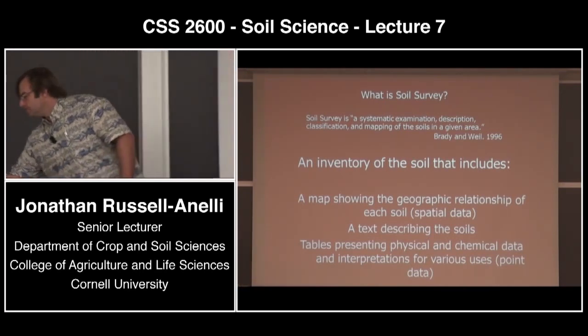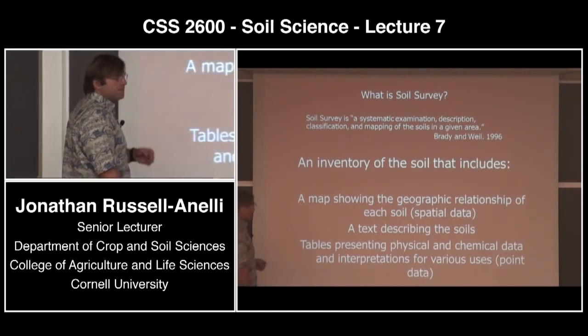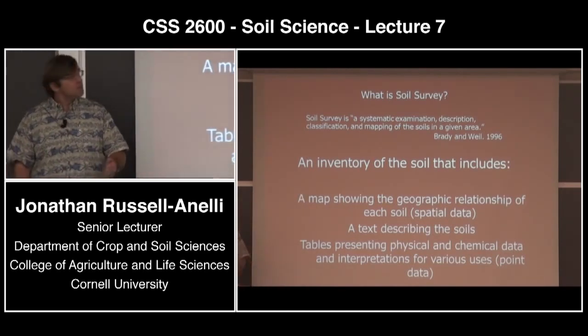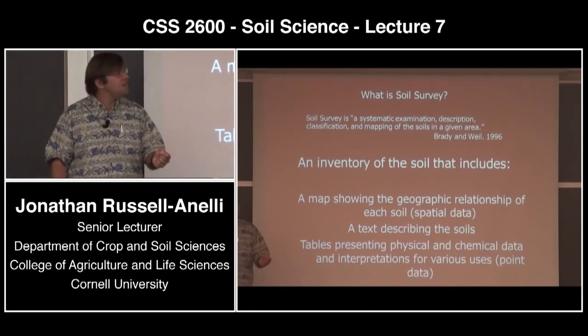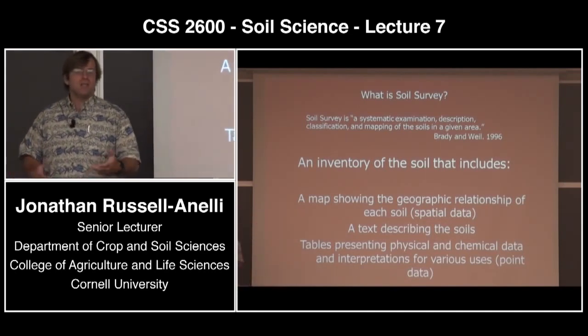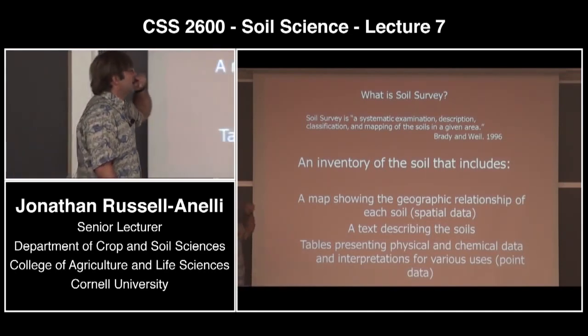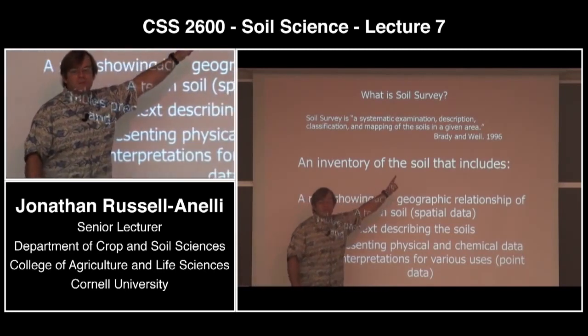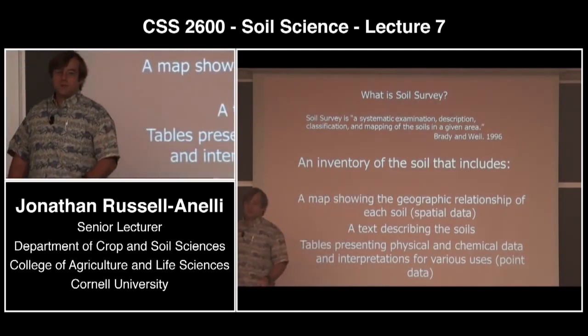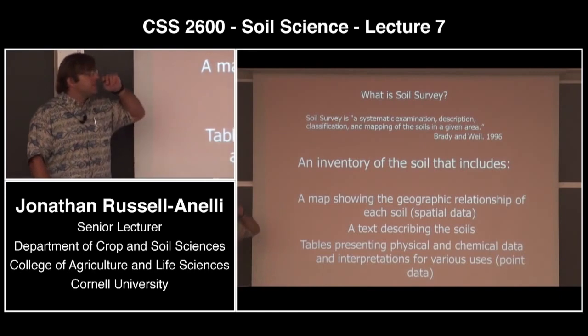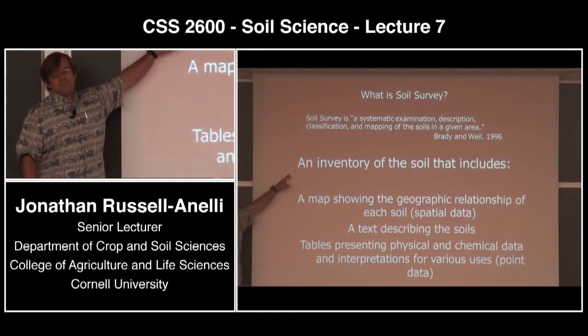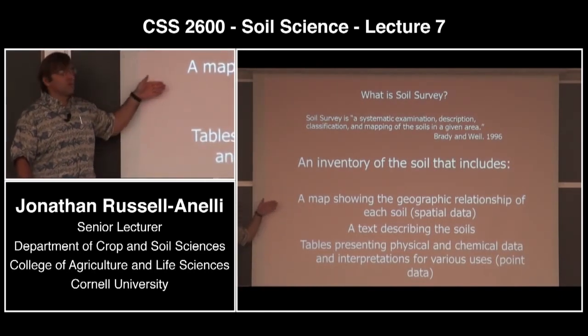Okay, but what is a soil survey? It's basically a systematic examination, description, classification, and mapping of soils in any given area. Okay, that's straight out of not the book that you have right now, but it's the same authors. It's like 3 editions ago. Probably in your book this time as well. But basically, it's an inventory of soils. And in that inventory are basically 4 things.